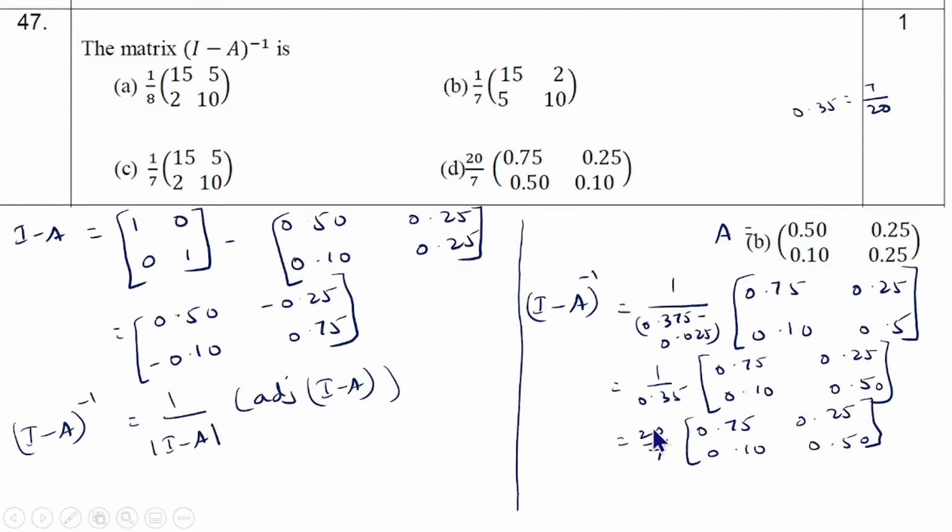Now if we multiply each of these terms with 20, we get 1 by 7 into 20 into 0.75, which is 15, 20 into 0.25 is 5, 20 into 0.10 is 2 and 20 into 0.50 is 10. So the correct option is option C. So we just have to find (I minus A) the whole inverse using this formula.